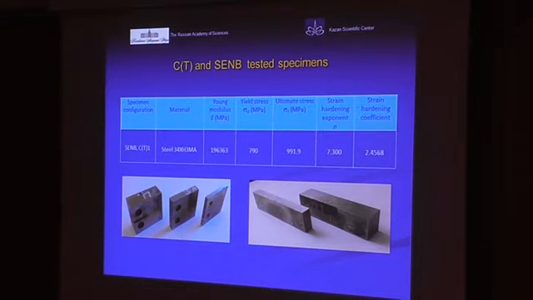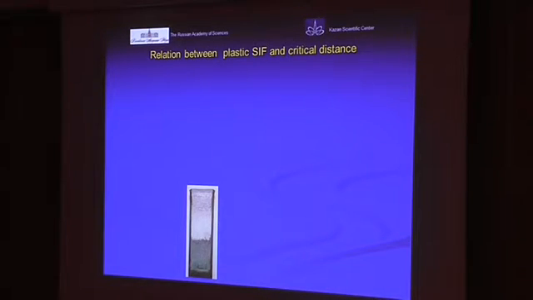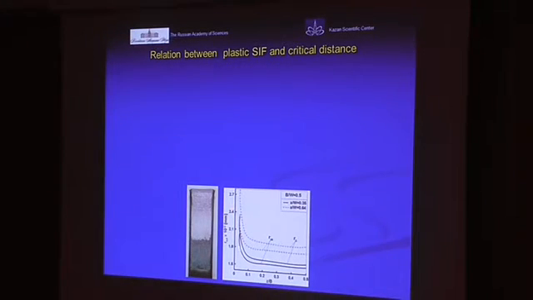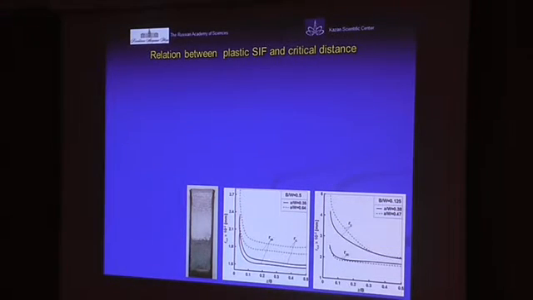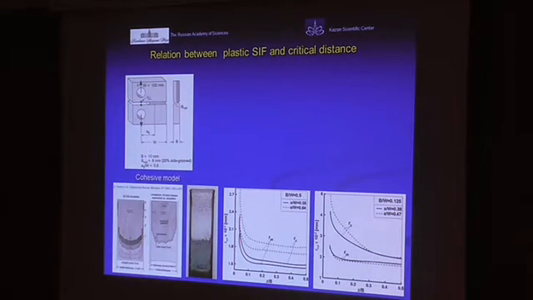We again tested compact specimens and bending specimens with variation of dimensionless crack length and thickness. You see the experimental crack front position for compact specimens, and the numerical simulation of critical distance distribution along the crack front in the thickness direction of the specimen.